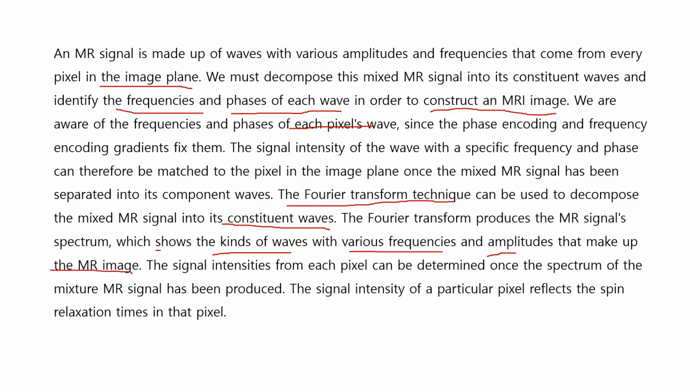The signal intensities from each pixel can be determined once the spectrum of the mixed MR signal has been produced. The signal intensity of a particular pixel reflects the spin relaxation times in that pixel.